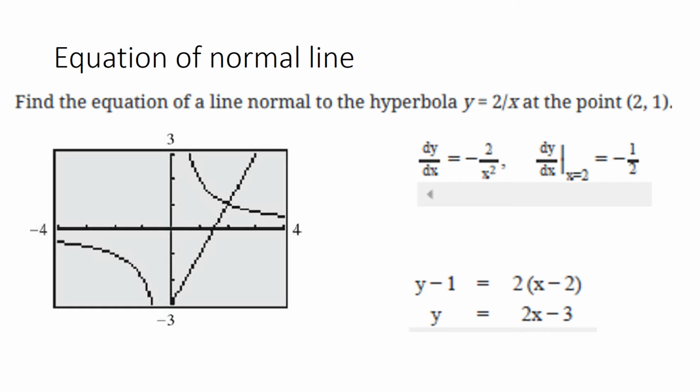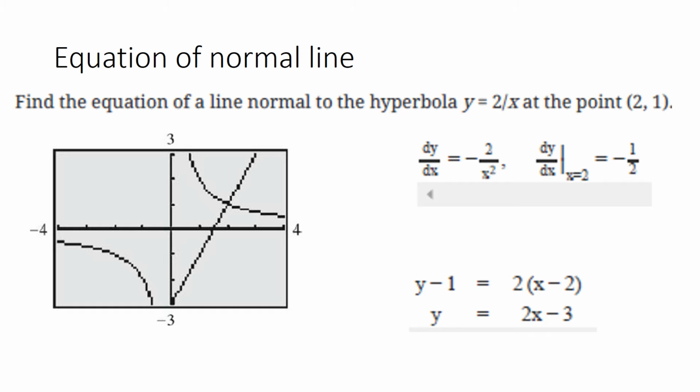And then we'll evaluate that derivative when x equals 2, because that's the point that we're looking for this intersecting line. And the slope there is negative 1/2. We need to take the negative reciprocal of that, so the negative reciprocal of minus 1/2 is a positive 2. So the slope of that normal line is positive 2.